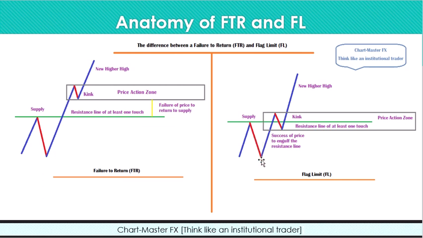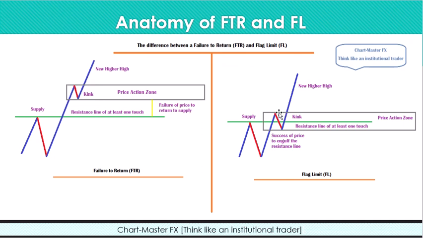So what happens is that the price actually went up and it was able to engulf this supply or this resistance line, and immediately after breaking up this, the price will come down and engulf this resistance line. Once this resistance line has been engulfed, the price was able to rally up and it actually broke this high.